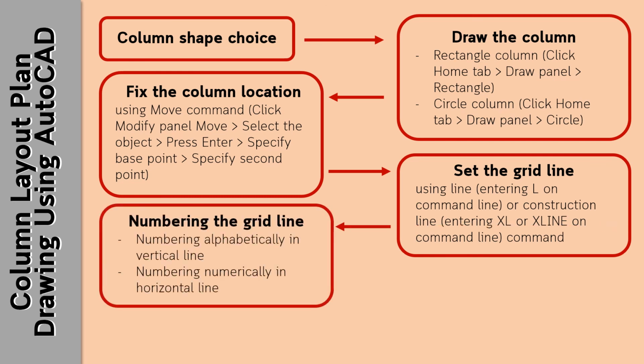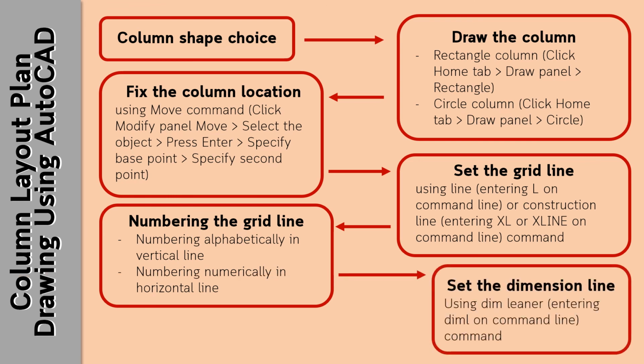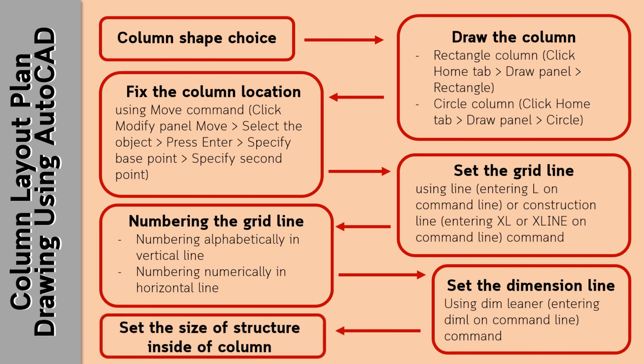Next, number the grid lines alphabetically on vertical lines and numerically on horizontal lines. The next step is to set the dimension line. You can use the dim linear command by entering DIMLINEAR on the command line. And the last step is to set the size of the structure inside of the column.